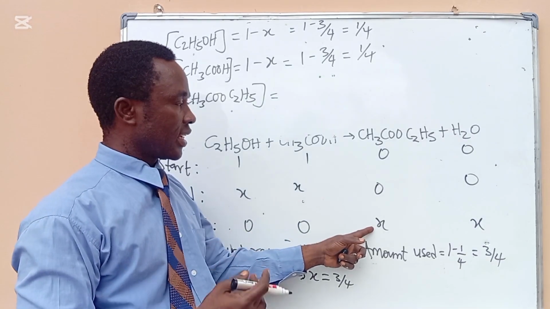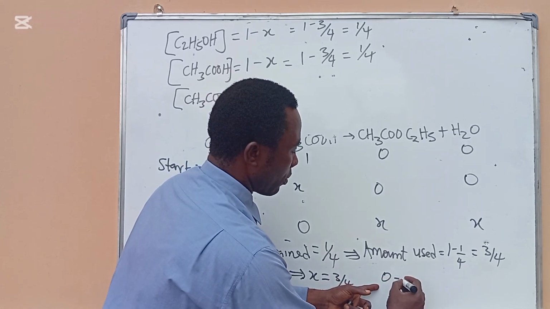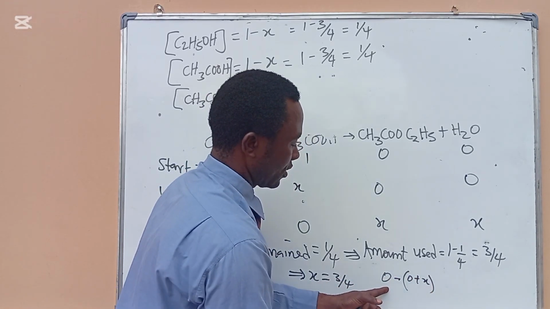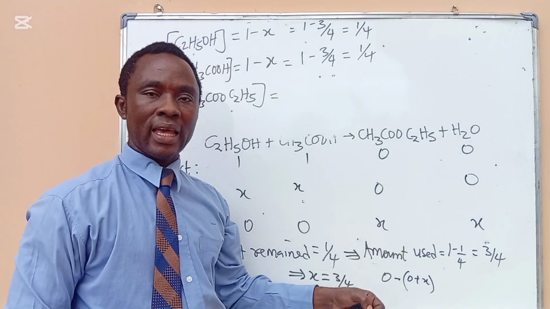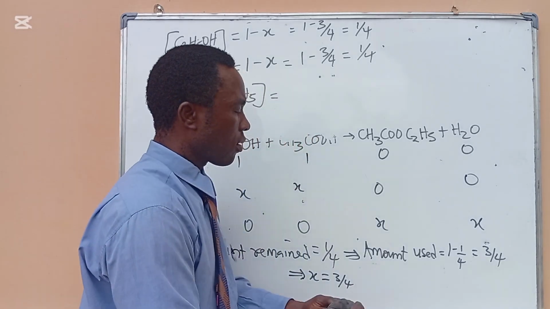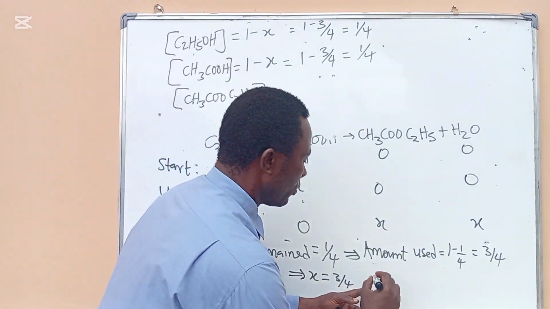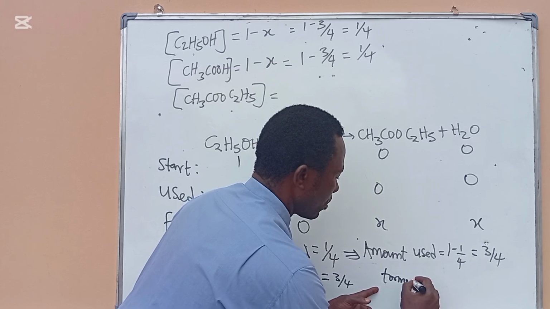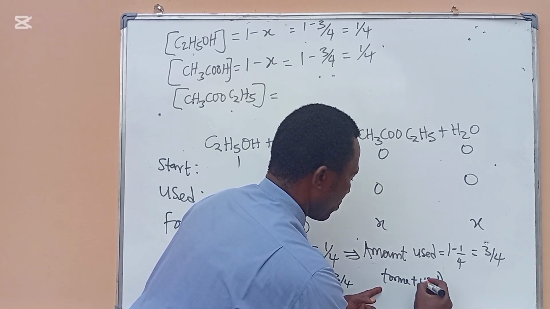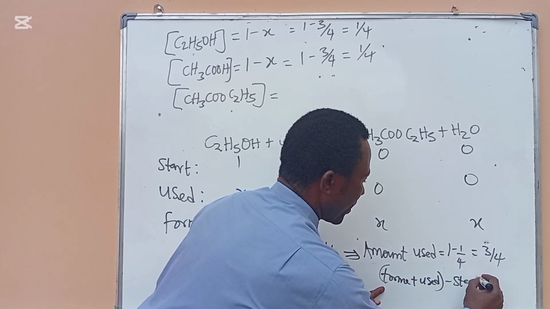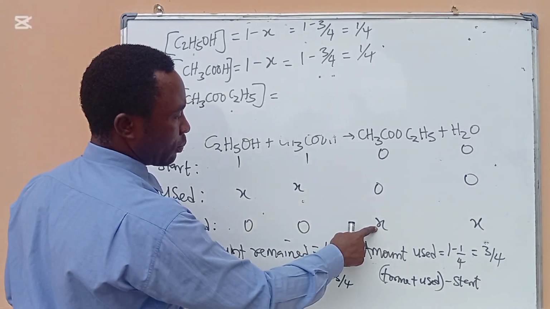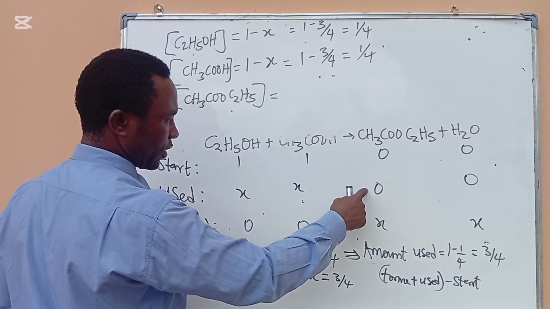If not, it will give us negative, because 0 minus 0 plus x gives 0 minus x, which is negative. So for a product, it should be formed plus used minus start. It should change the other way around for product to avoid negative.